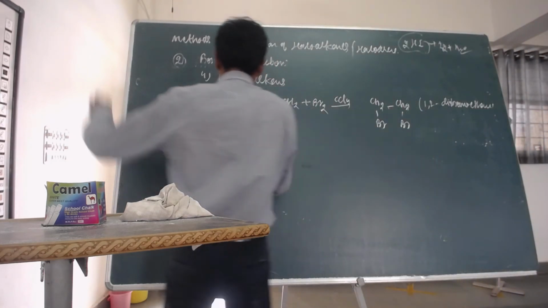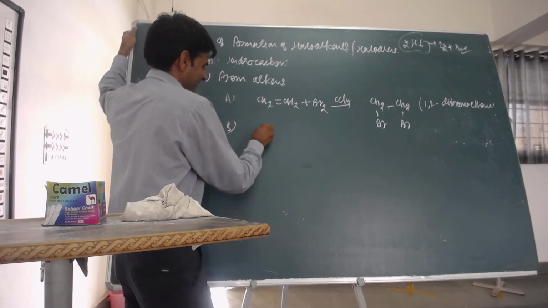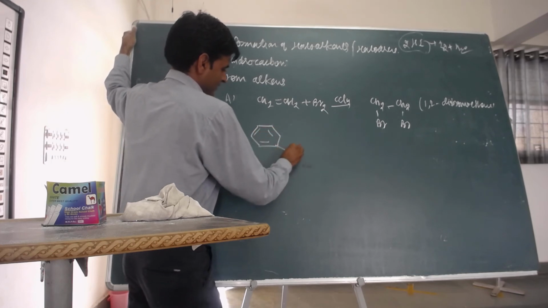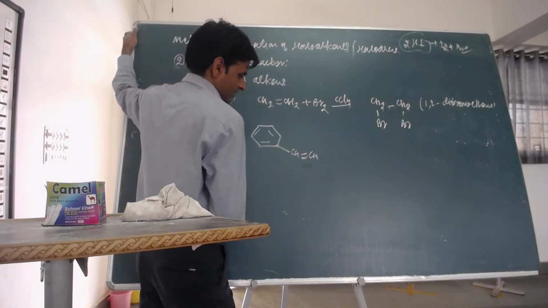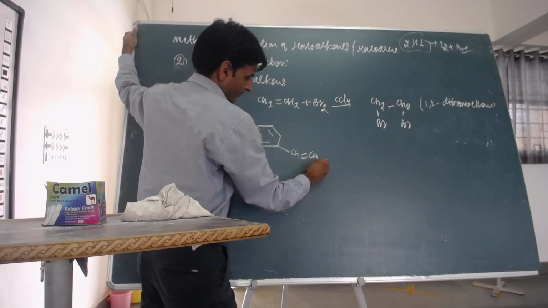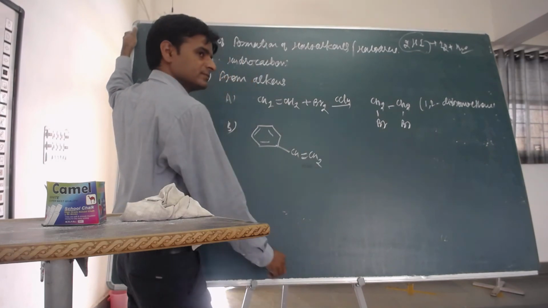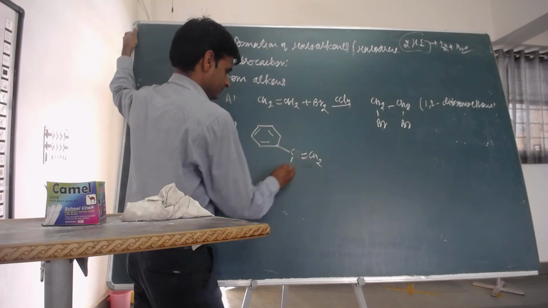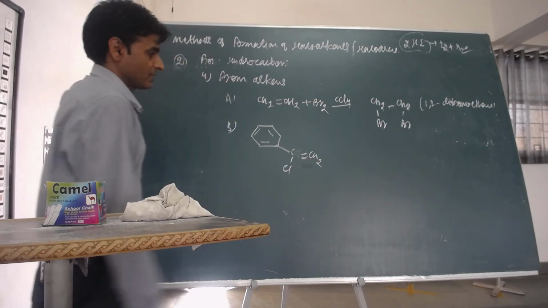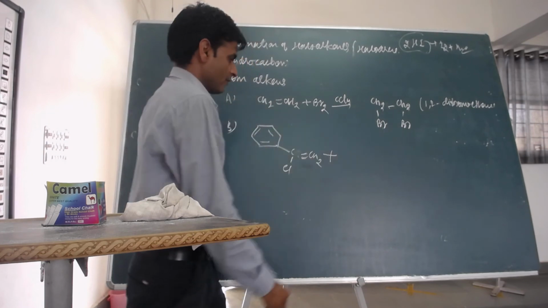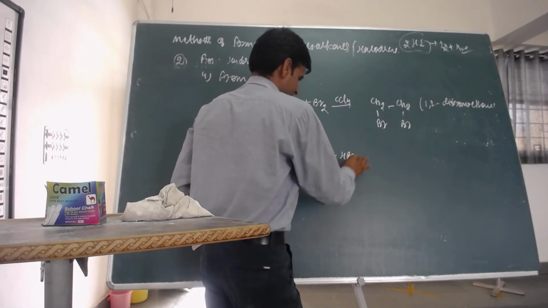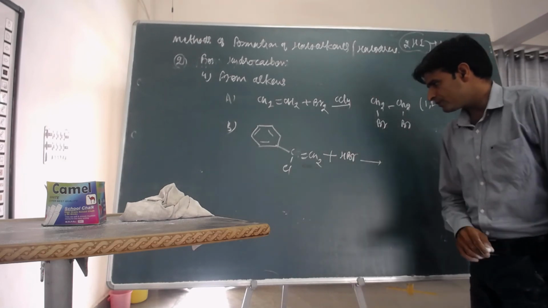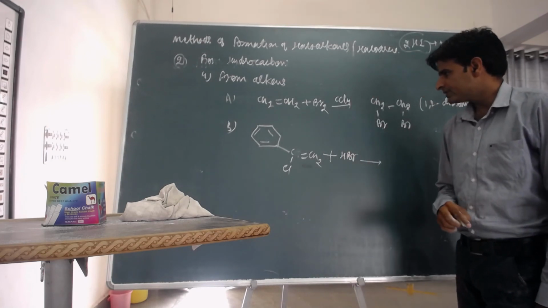Right? This third one is CH2=CH-CH3, and we add HBr here. Then this reaction takes place via Markovnikov's path.